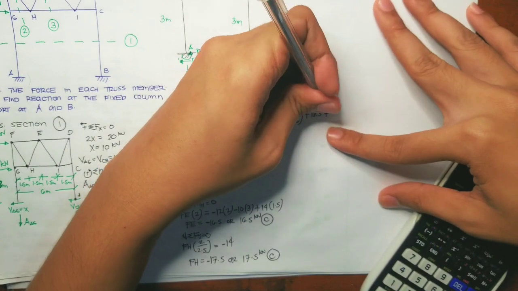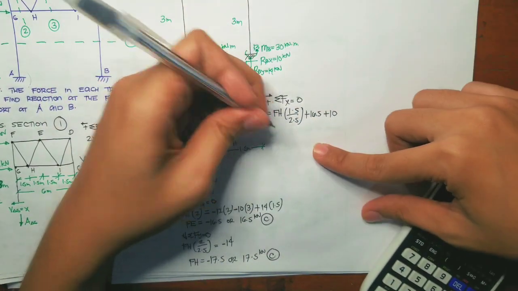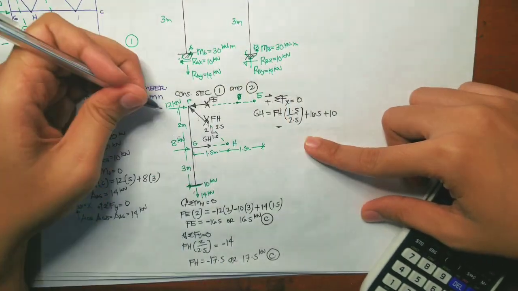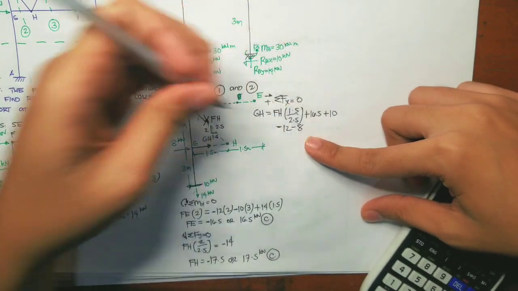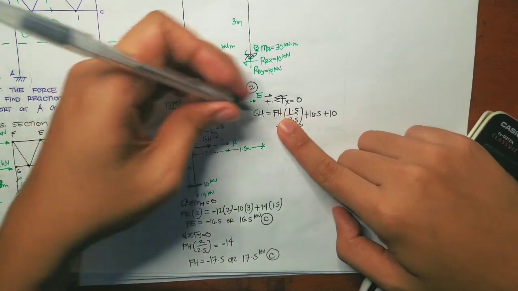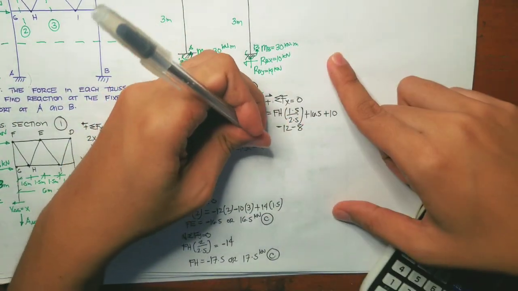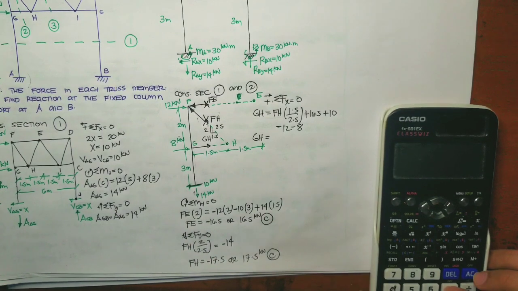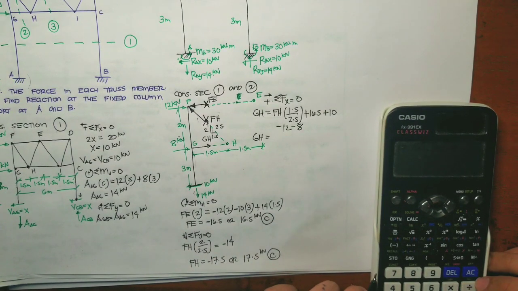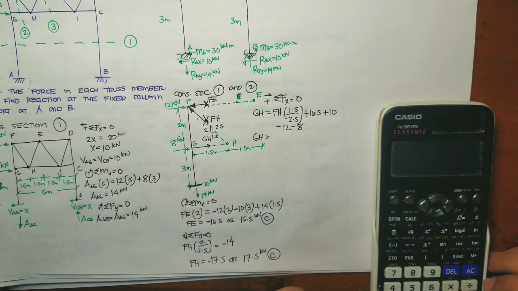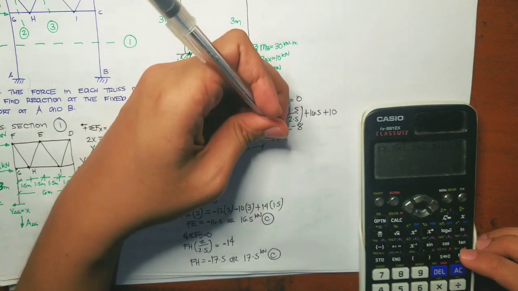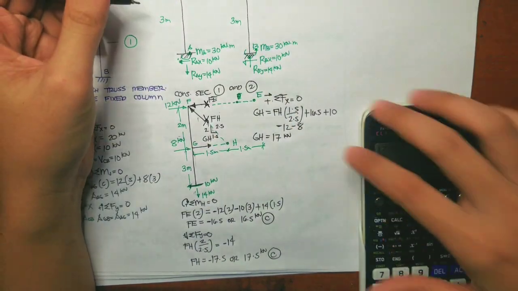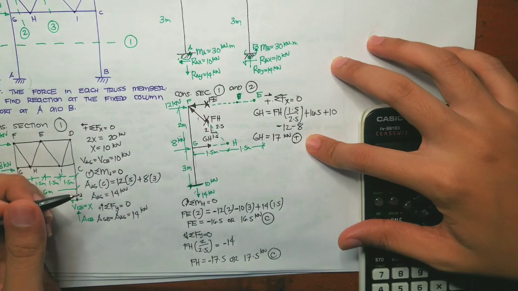And then ito, so plus 10, and then ibaba ko na lang dito, so minus 12, then minus 8. So 17.5 times 1.5 divided by 2.5 plus 16.5 plus 10 minus 12 minus 8. Okay, so the value of your GH is equals to 17 kilonewton. So that is correct. So siya ay tension.